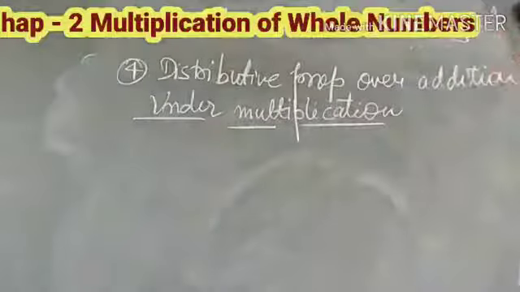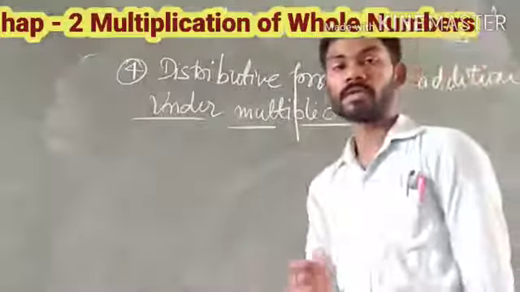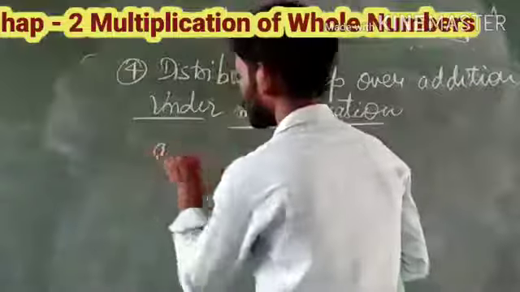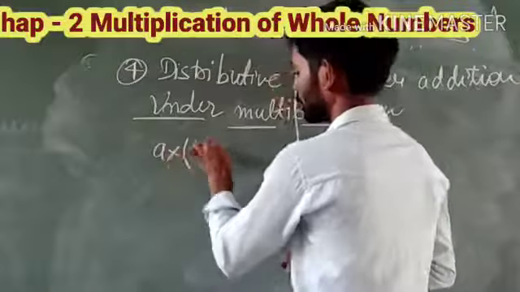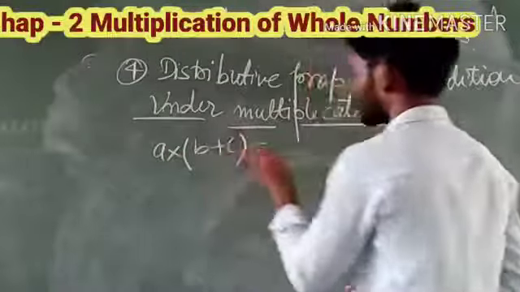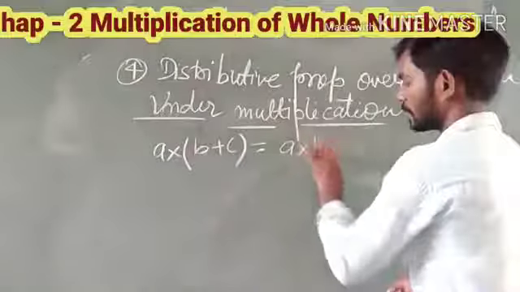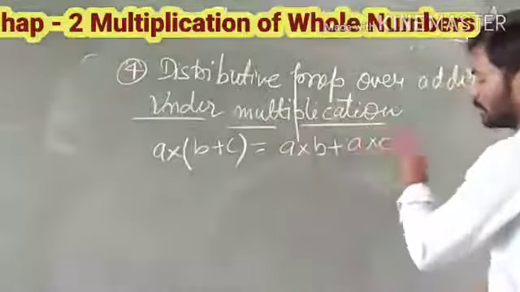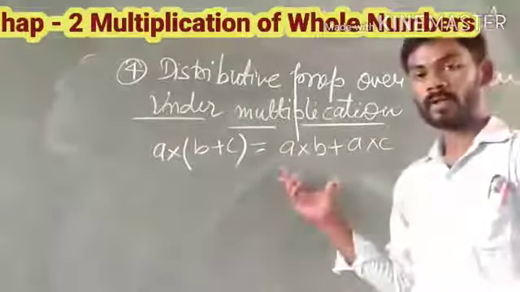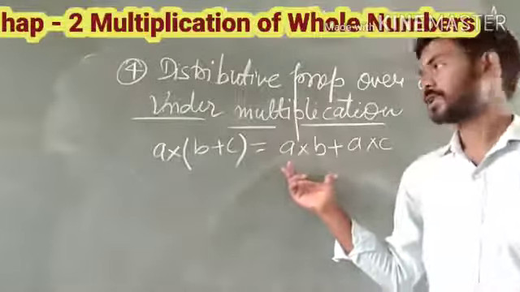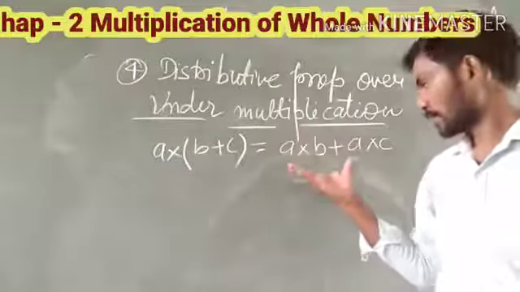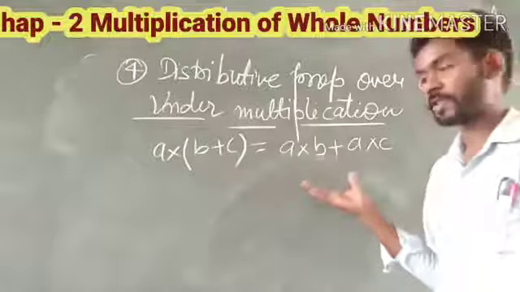Okay. Now let us see first of all what is the formula that we shall use here, and this is A multiplied by (B plus C) is equal to A multiplied by B plus A multiplied by C. So first of all let's see here what is the meaning of distributive attached with this statement.